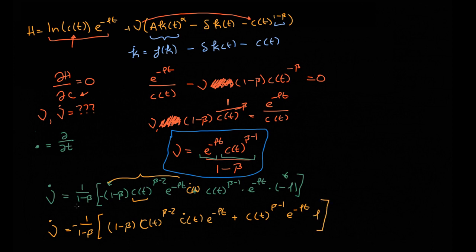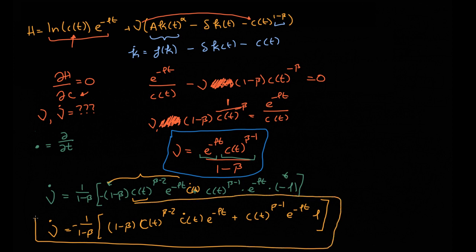And there you go. That is our nu dot. So in the next video we will do the second first order condition and then use this nu and nu dot to solve for the Euler equation.